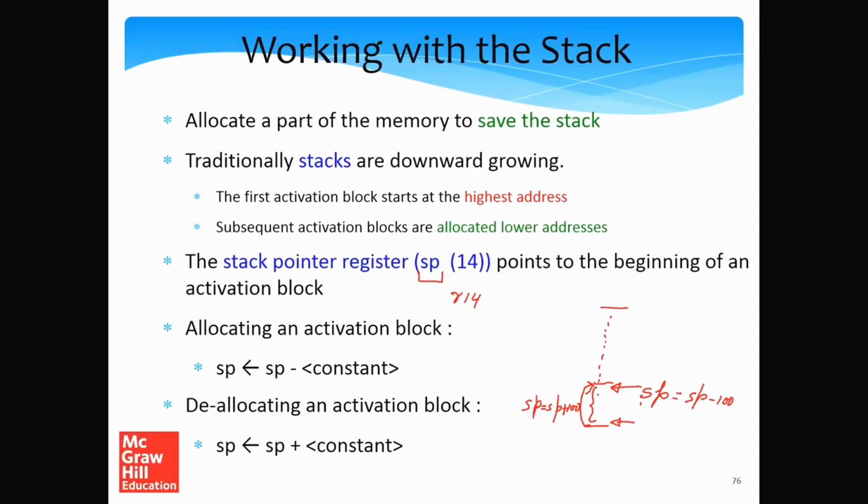Similarly, to deallocate the block, we add the size of the block, which is a constant and is known beforehand, to the stack pointer. So it's very simple. Allocating and deallocating is only a single instruction, which is also what we wanted. We are using the last in, first out property, which has made our life very simple.